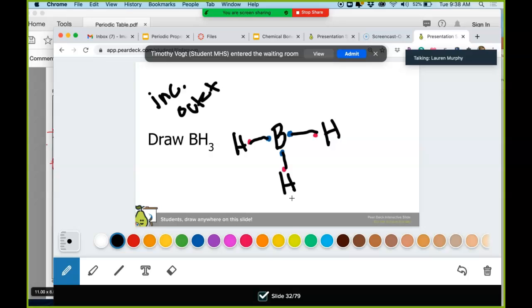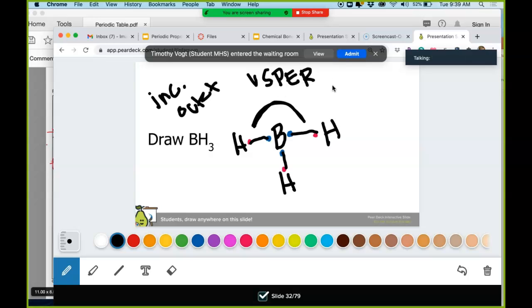Now, if I want to know what shape this is, I really have not drawn this proportional, meaning look at all this empty space up here. So this whole VSEPR theory is this idea that electrons don't like to be next to other electrons. Electrons repel each other.